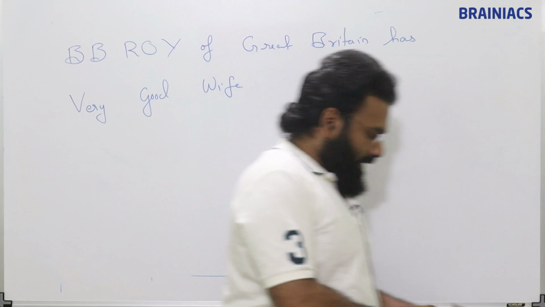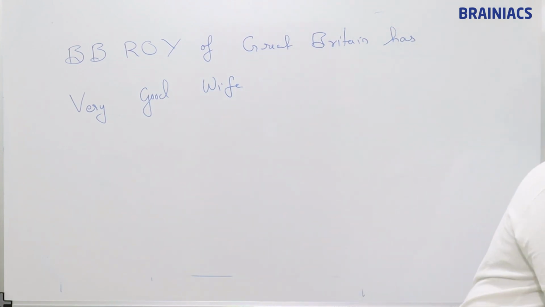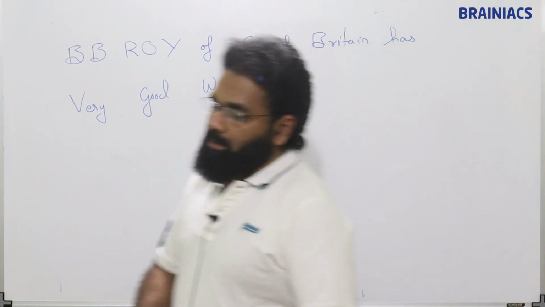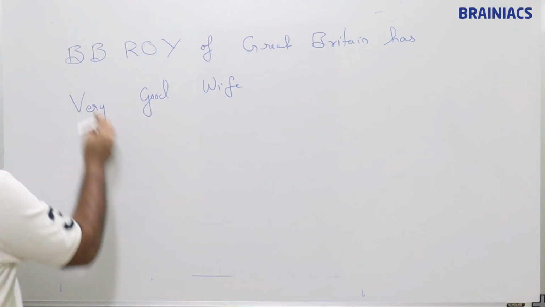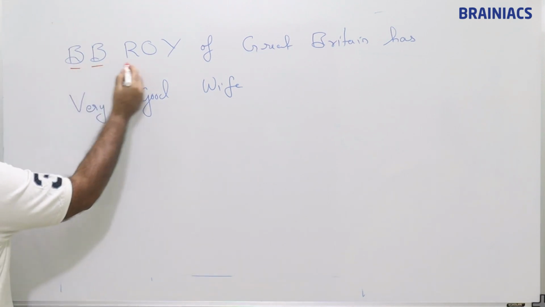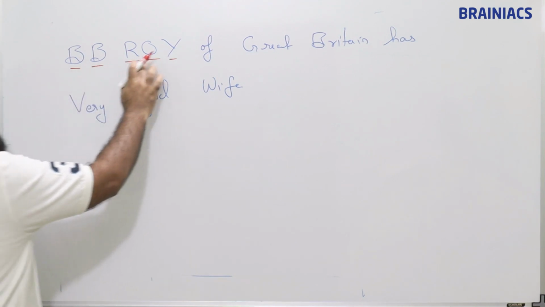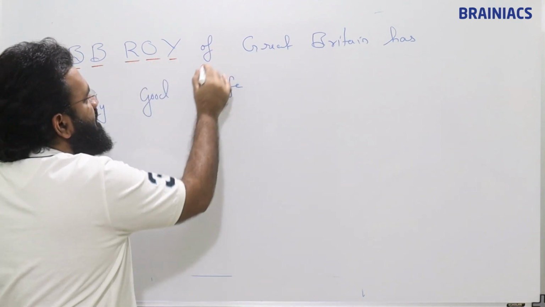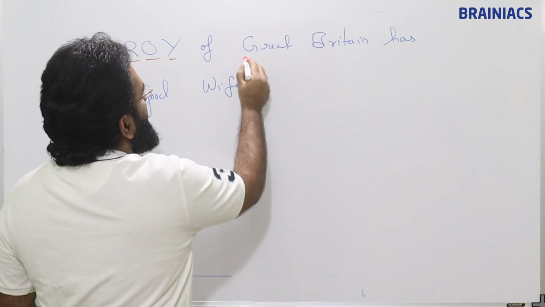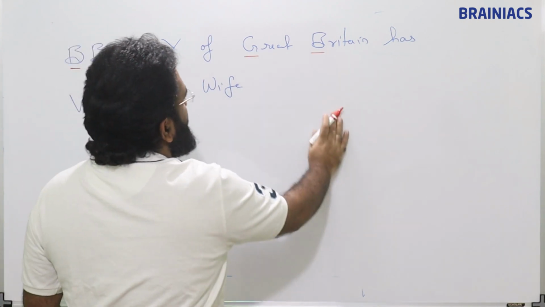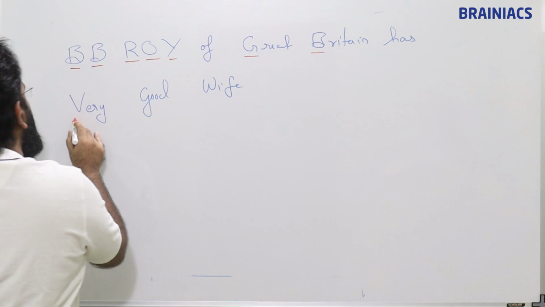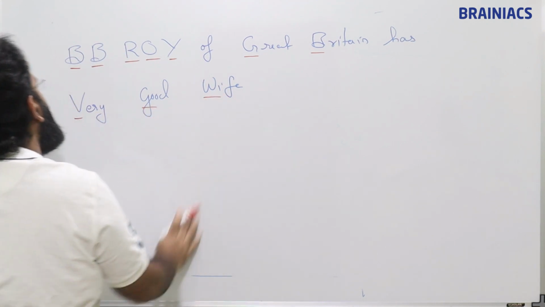So just the first letter of each color of this resistance can be taken here. BB Roy: black, brown, red, orange, yellow. Of, we have written in small letter. Great Britain, small letter, very good wife.